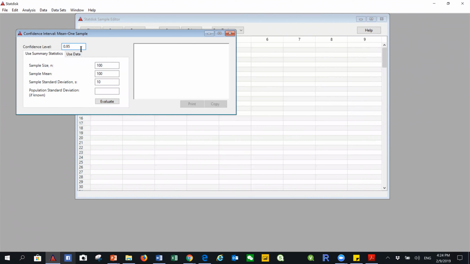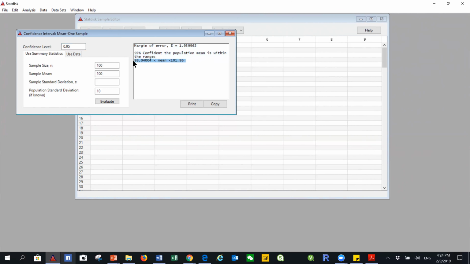And then you enter the confidence level, sample size, sample mean, and sample standard deviation. If sigma is known, you plug in the population standard deviation. You plug in 10 here, and it will automatically calculate everything for you. You will have the margin of error and the 95% confidence interval. It's very easy.